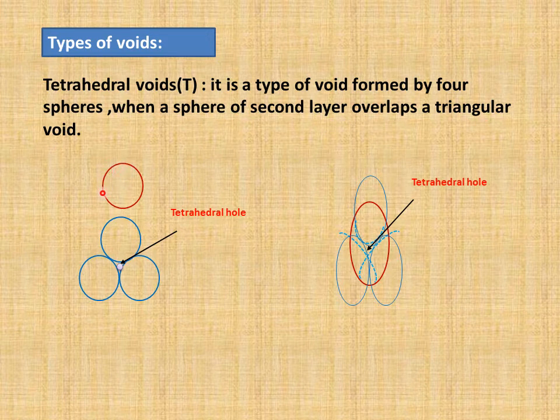See, this red sphere of the second layer comes exactly over the triangular void of the first layer. This produces a tetrahedral hole. Why is it called tetrahedral? Because when you join the centers of all 4 spheres, it forms a tetrahedral structure. Let us go to the next slide.